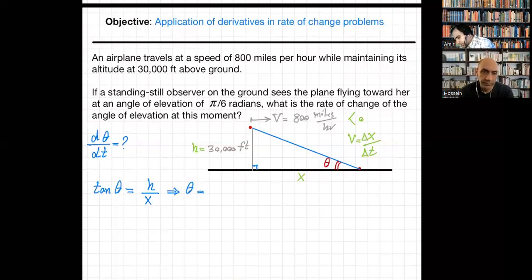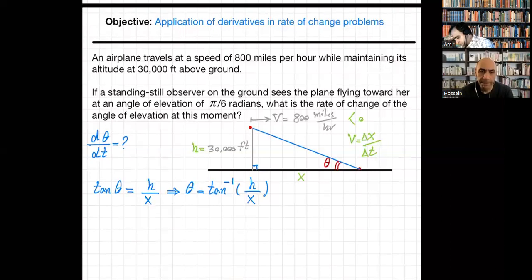So theta is arctangent of h over x. And we know that h is constant, but x is changing.